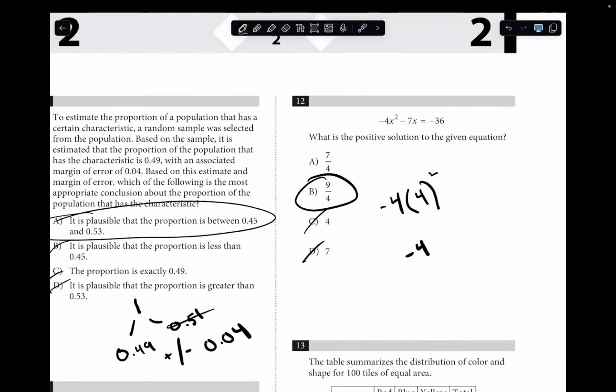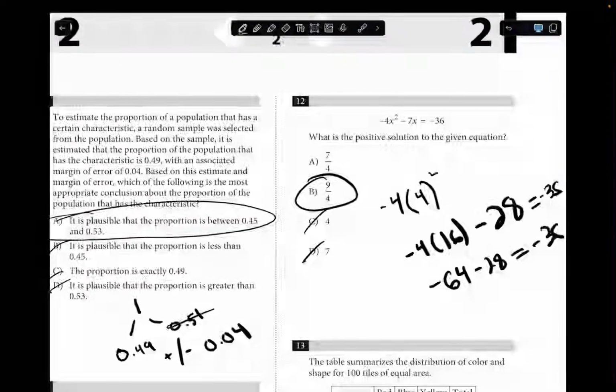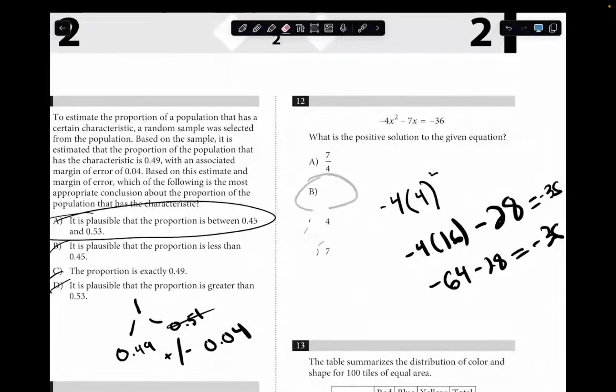So I got negative 4 times 4 squared, which is 16, minus 28 equals negative 36. So I get negative 64 minus 28. That's not going to equal negative 36.